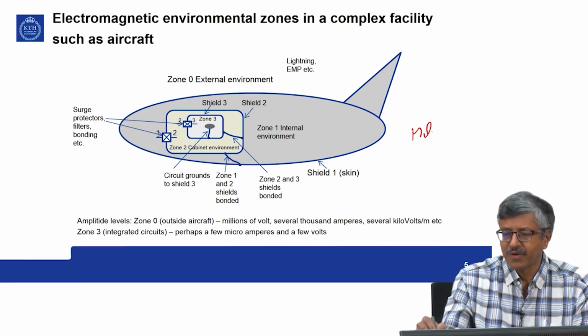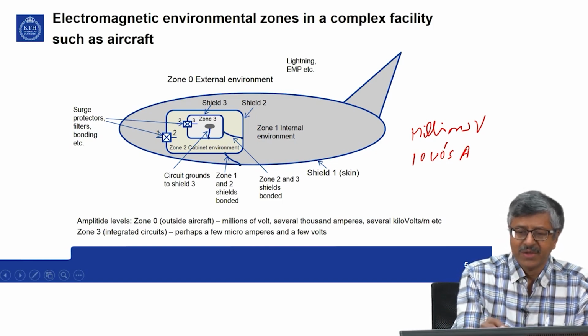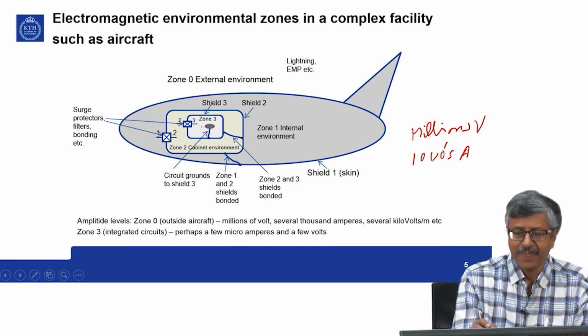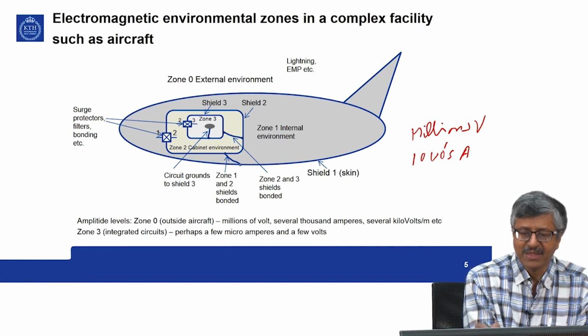So it is of the order of several millions with respect to Earth, and thousands of amperes. Now, this is reduced to a very low value when it comes over here, but at the same time you do not want to have very strong potential differences between any points inside this. So, the bonding plays a crucial role.